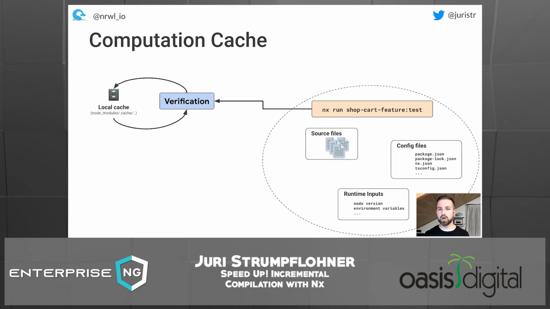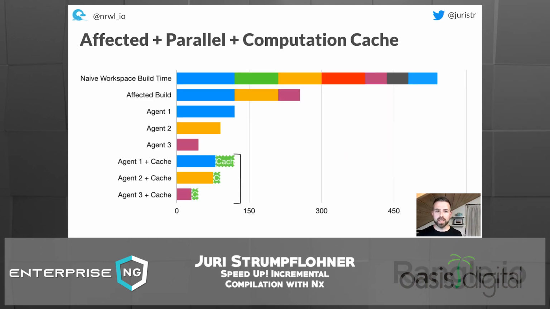But this doesn't only work for printing the output on your CLI, but also for processes like the build, where you actually create artifacts, actual JavaScript files, which are being placed into this folder, they would also be restored. And so if we take now into account these caching features, what we observe is we can speed up things even more.